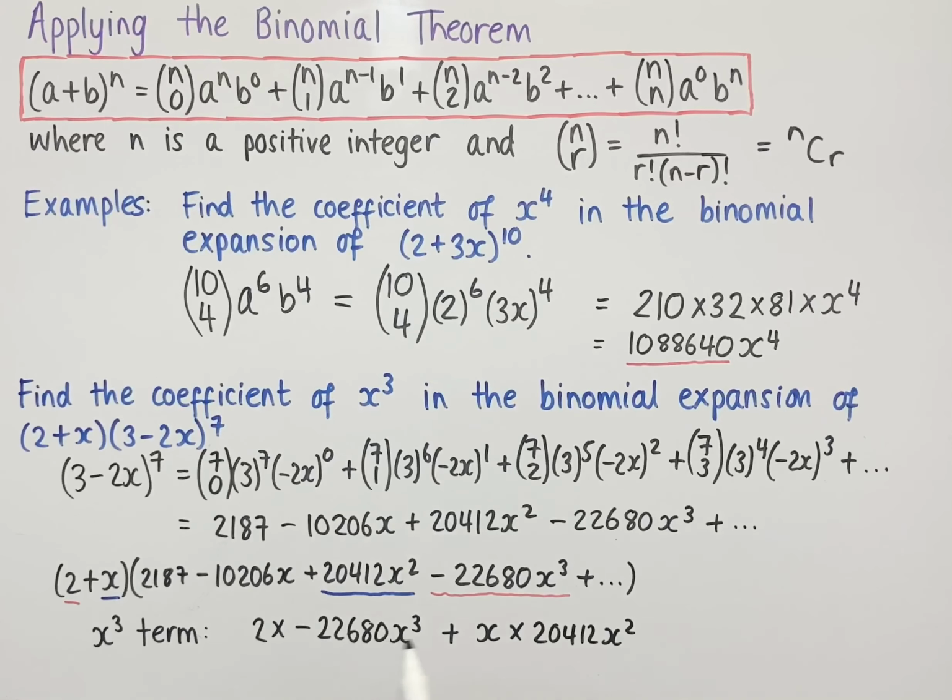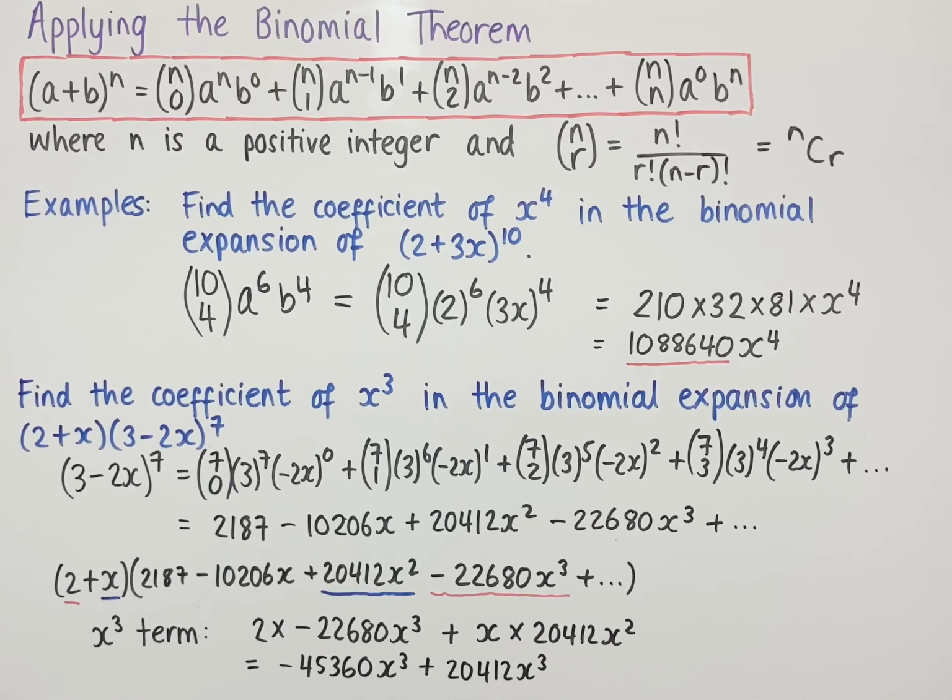If we work the first term out, then 2 times −22,680x cubed is equal to −45,360x cubed, and then we're adding on the second term, x times 20,412x squared, which is 20,412x cubed.